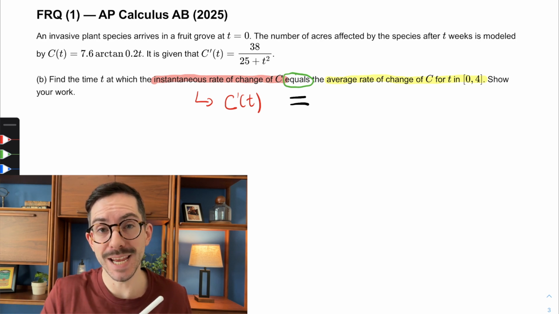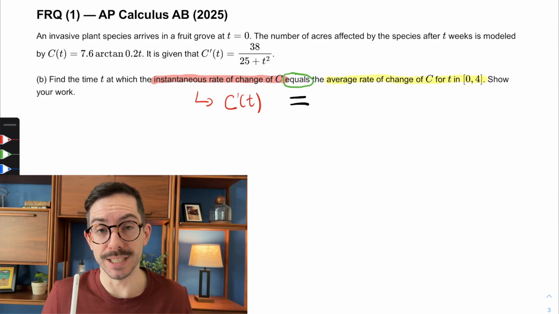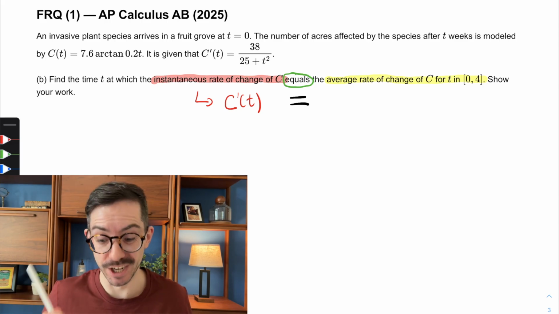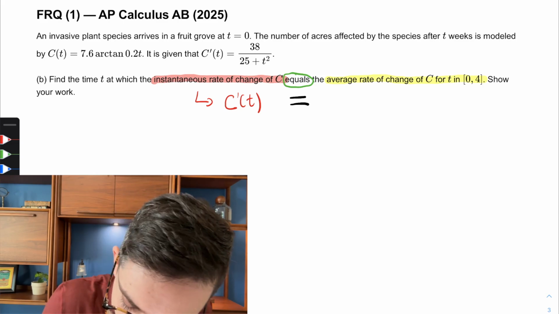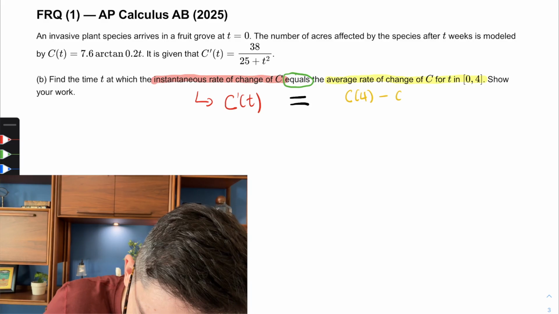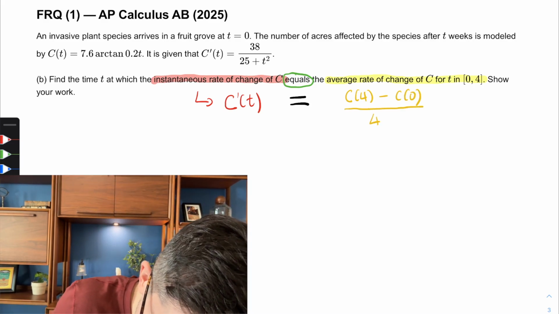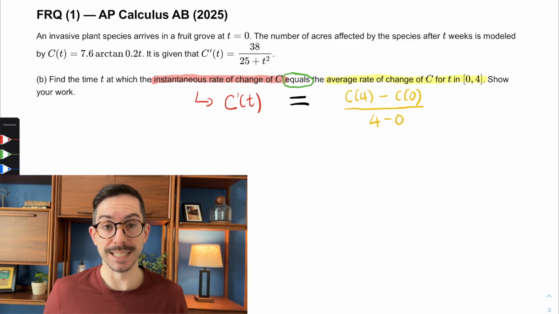Contrast this with part A, where we were looking for an average value. Here we're looking for an average rate. We need to keep these formulas right in our heads. So the average rate of change formula for C, I'm going to take C of 4 minus C of 0 and divide that by 4 minus 0.